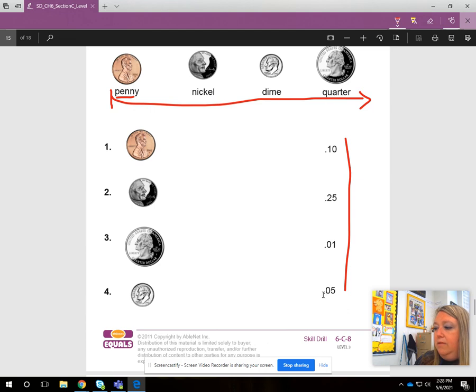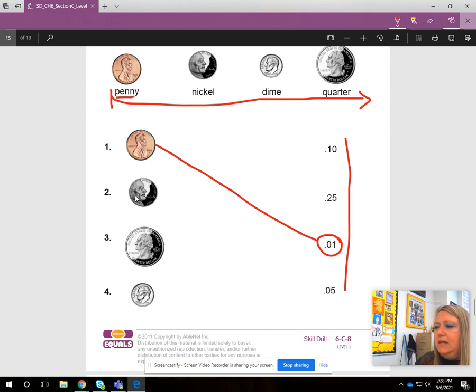I have decimal point 0.05, decimal point 0.01, decimal point 0.25, decimal point 10. Oh my gosh, I think the smallest amount would be this one right here, 1 cent. And it matches up with my penny. A penny is worth 1.